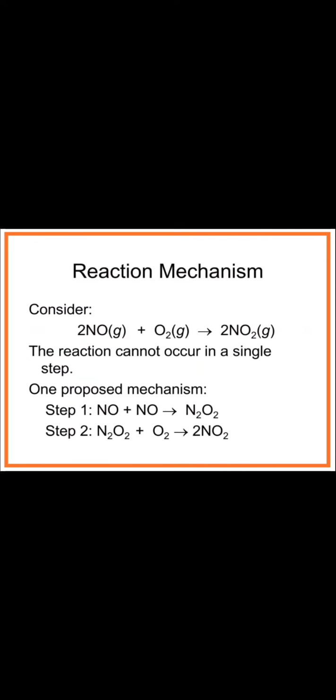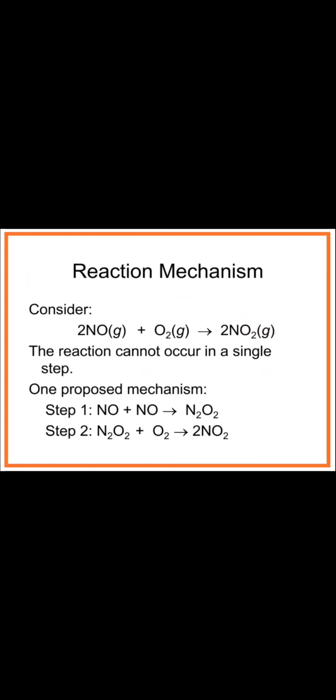Let us consider one example: nitrogen monoxide gas reacts with oxygen forming nitrogen dioxide gas. This specific reaction consists of two steps. In the first step, nitrogen monoxide combines with nitrogen monoxide forming N2O2 gas. Now that formed N2O2 gas reacts with oxygen forming nitrogen dioxide.